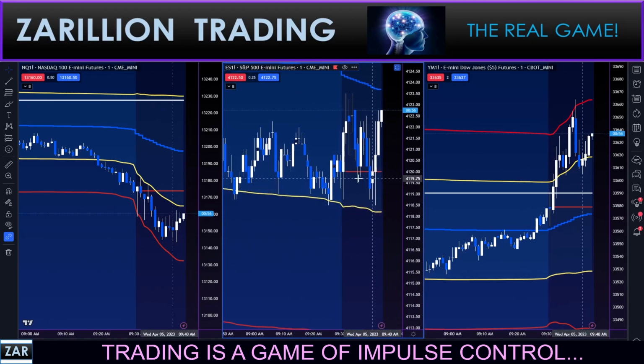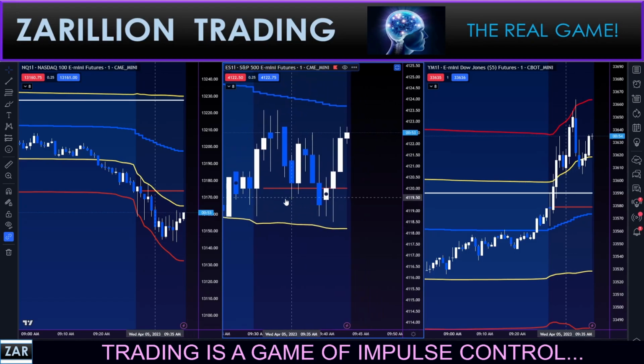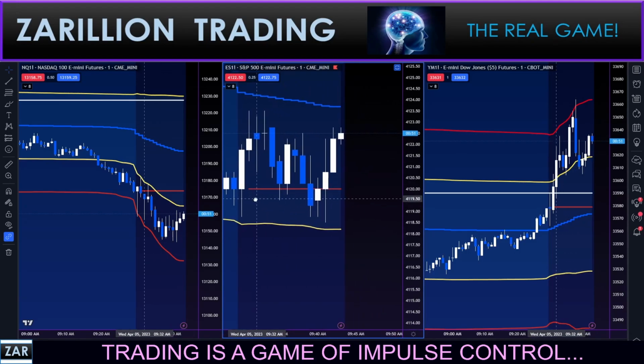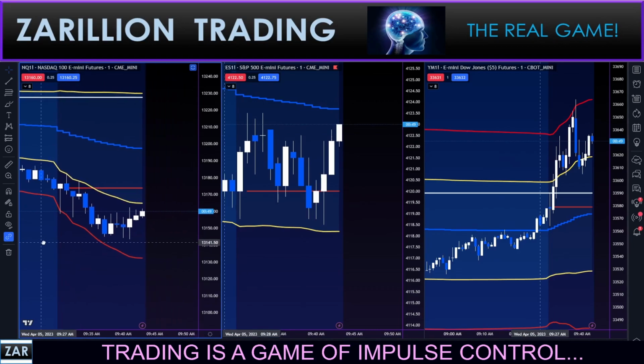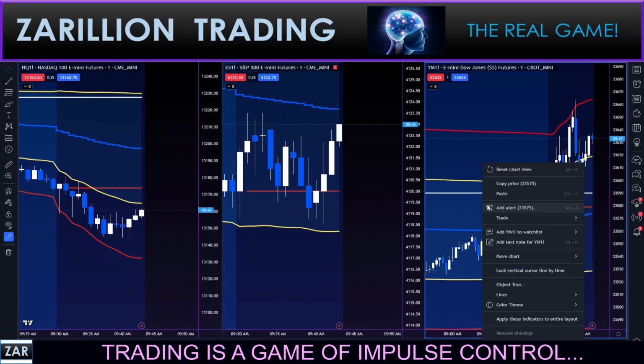The red horizontal line you see here is the New York Open. You see we open right there in New York. And that background color you can see is different than the other colors.